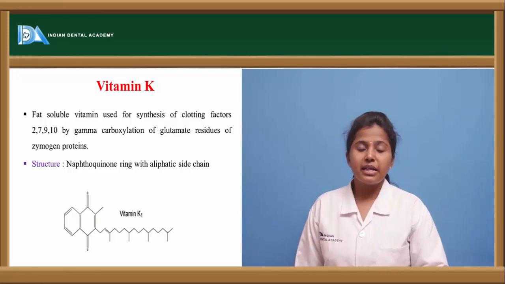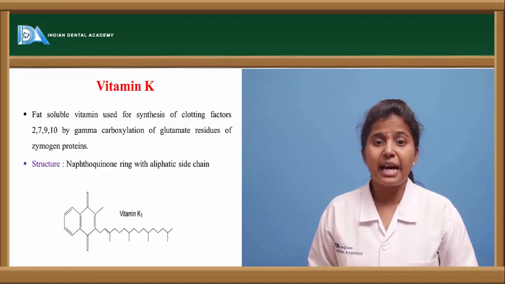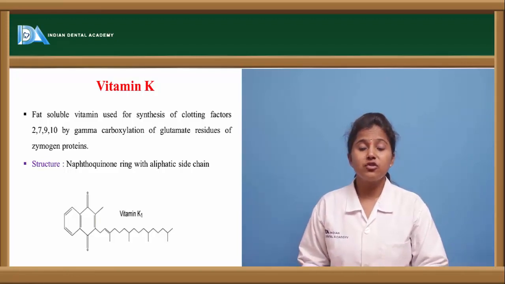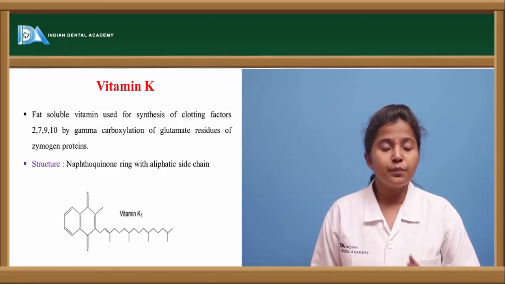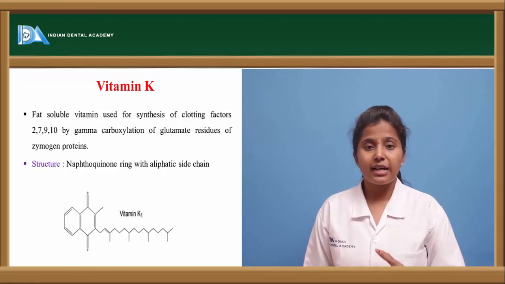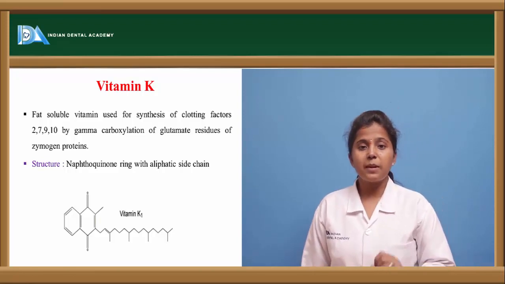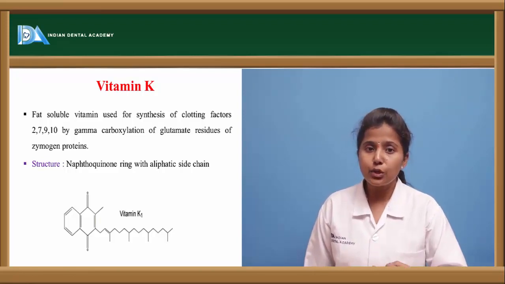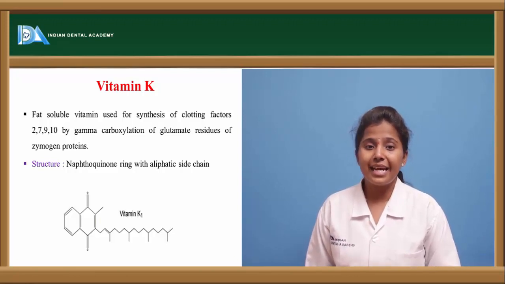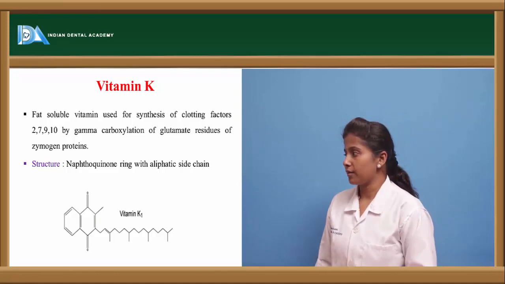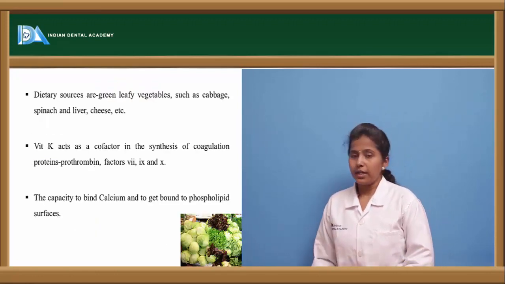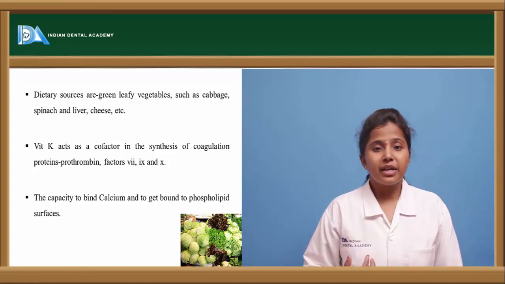This vitamin K is mainly a fat soluble vitamin, and it plays a major role in the formation of four factors: factor 2, factor 7, factor 9 and factor 10. So vitamin K plays a very important role in the synthesis of these clotting factors, and it aids in the process of coagulation. How does vitamin K occur?